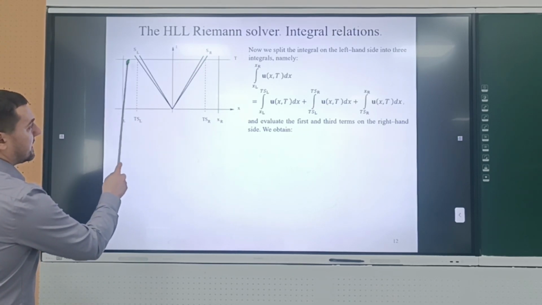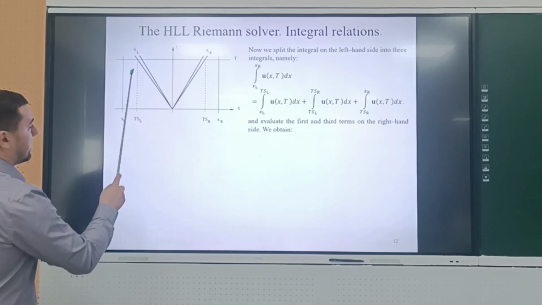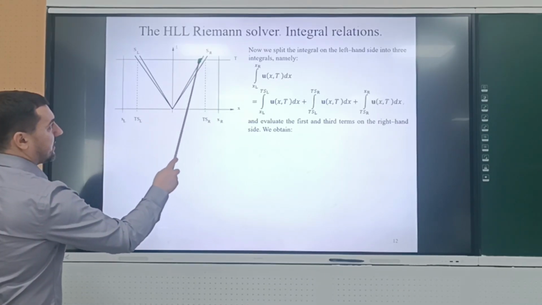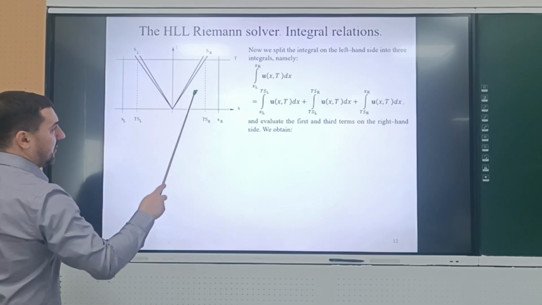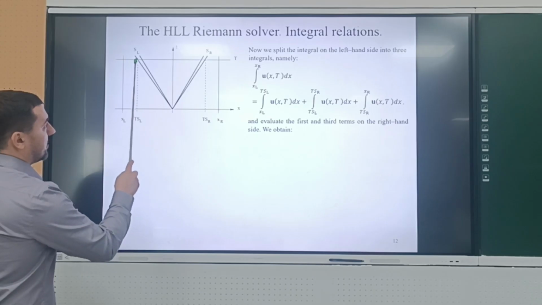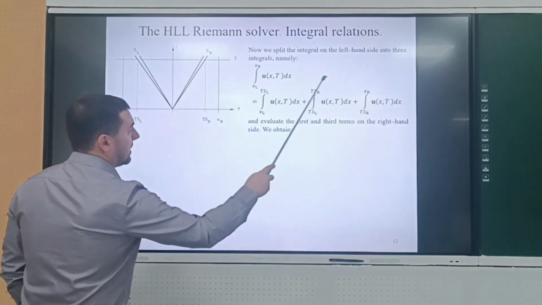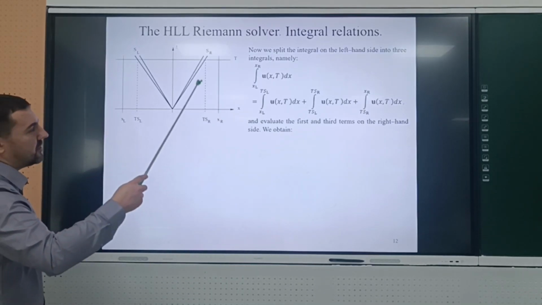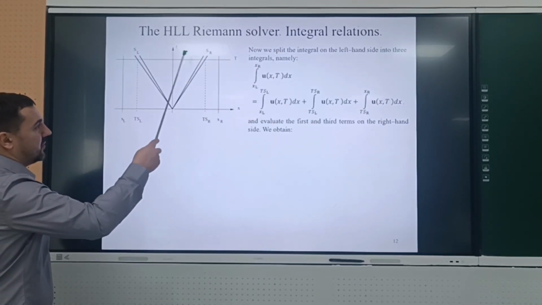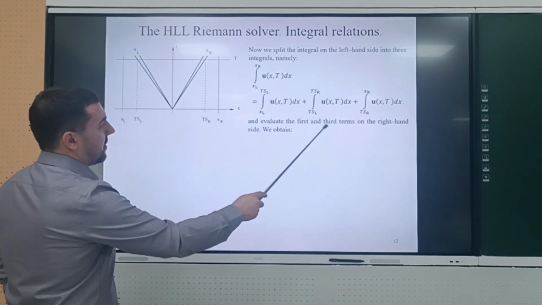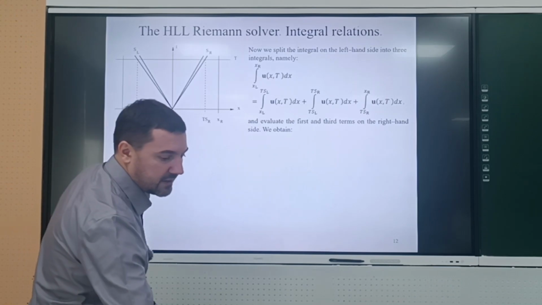Here U(x,T) equals just UL because it's the left state, and here U(x,T) equals UR because this is the right state, and here we do not know. This one we want to compute. What are we trying to do? We try to compute the average state in this region, and evaluate the first and third terms on the right-hand side. I explained how to do that.